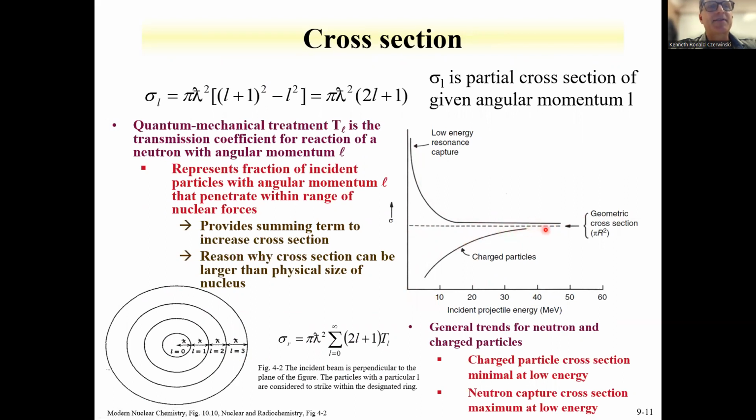As everything starts going fast, the wavelengths of those particles get smaller and smaller, and their contribution to the total cross section starts to disappear. So they start to converge and get close to the geometric cross section at high energy.